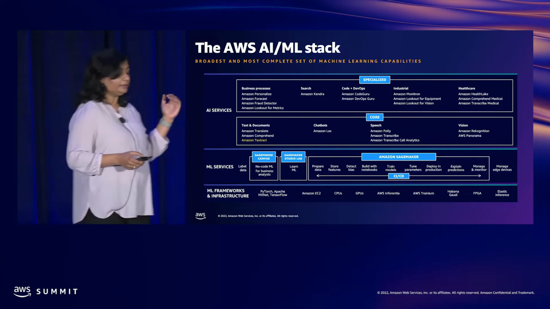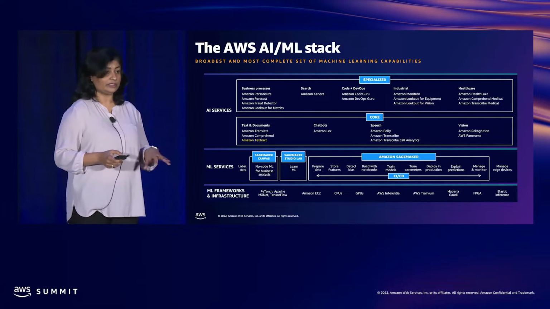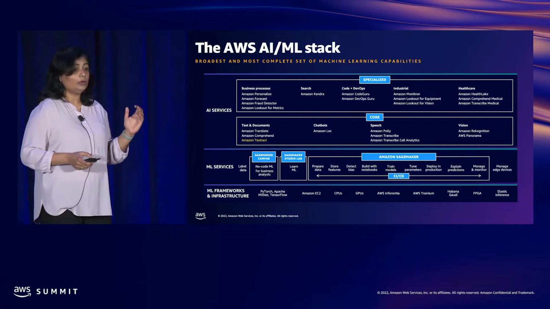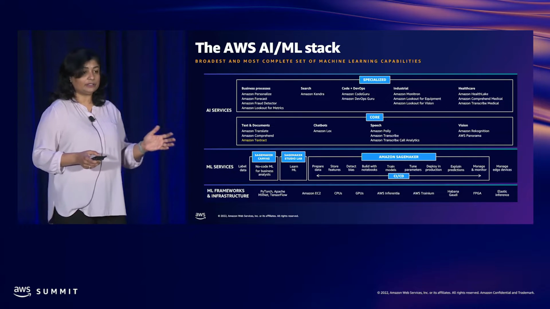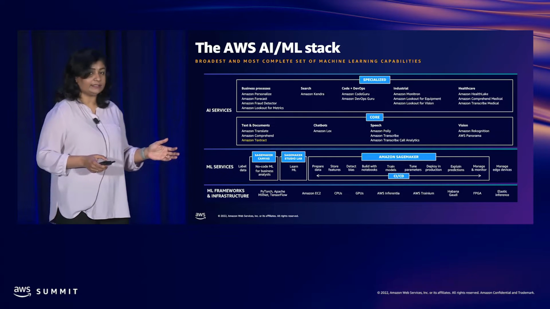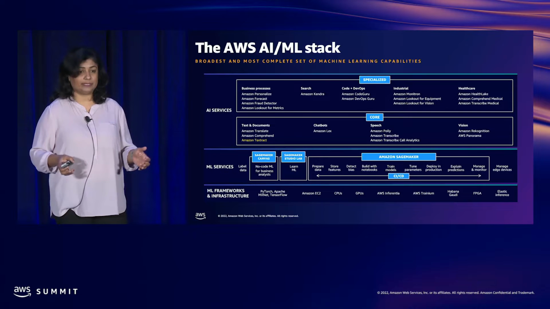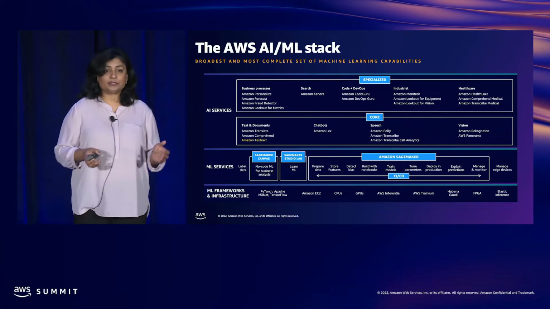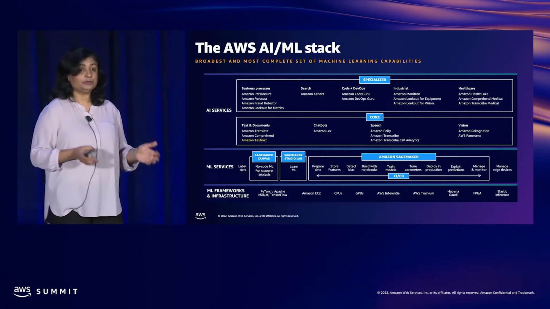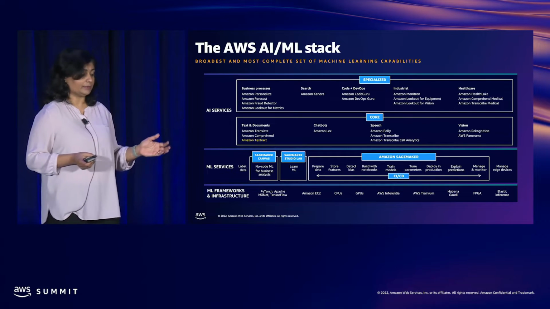And then you have the middle layer, which we call the ML services, and this is where Amazon SageMaker resides. This is targeted for the developers who are experienced or who are data scientists, and they want to do their own model training and deployment at large scale. We've seen developers and data scientists who use SageMaker already see 10x the productivity by using this product.